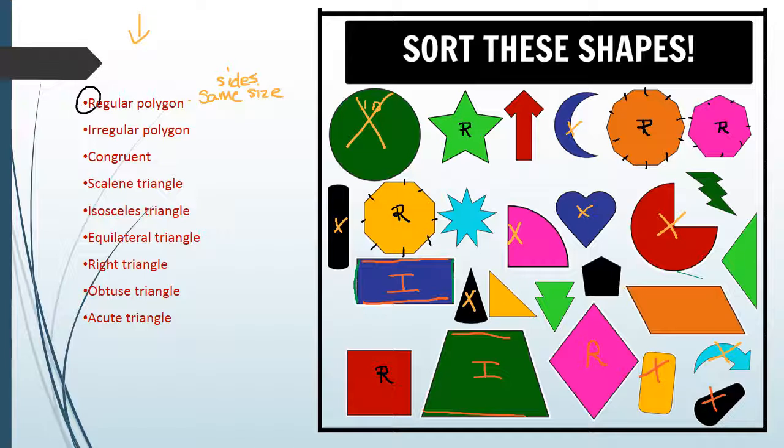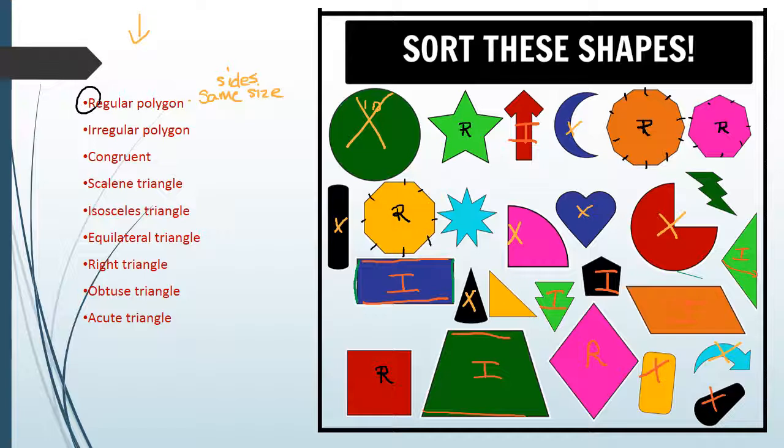They look to be about the same. This one is irregular. I think if we dropped this side down, it would only come to here, so this is irregular. They're not all the same. That is irregular. Irregular. Irregular.